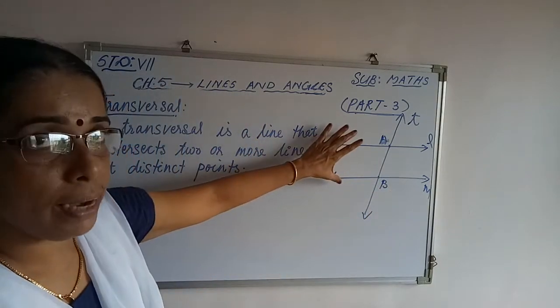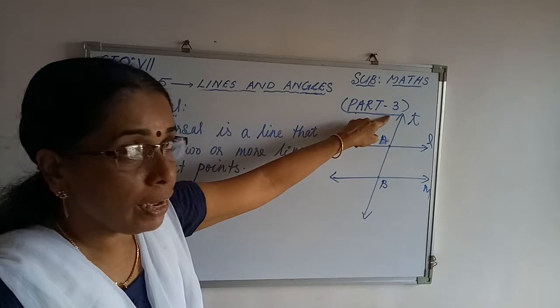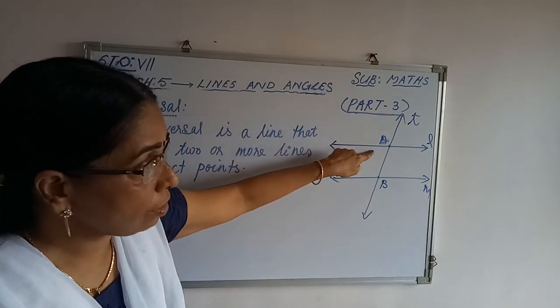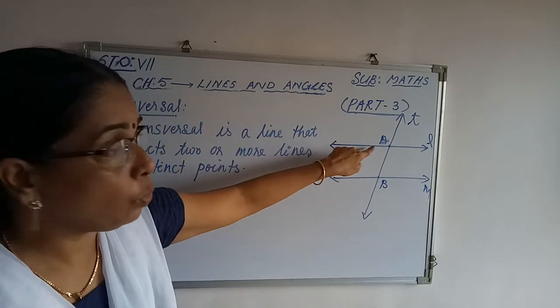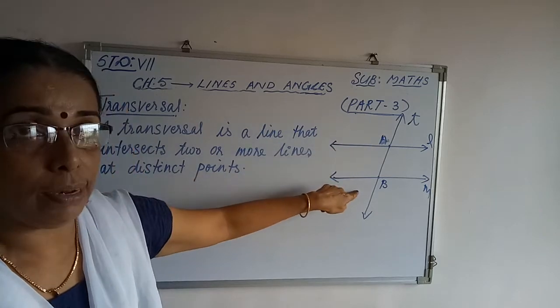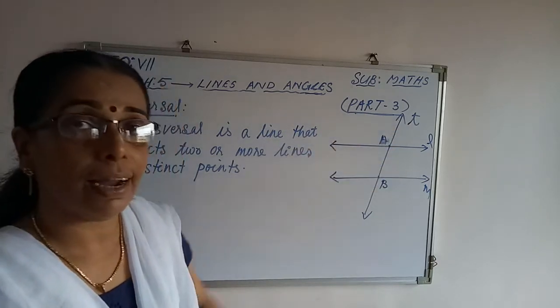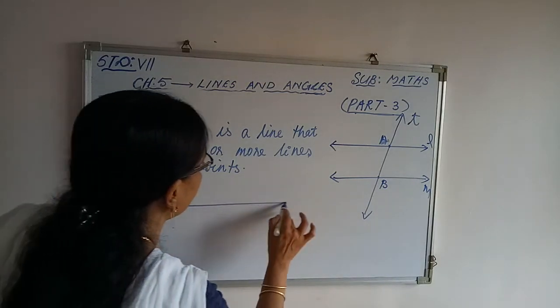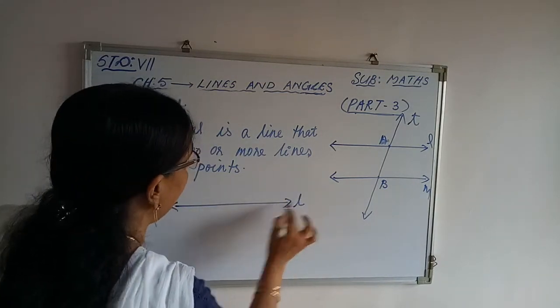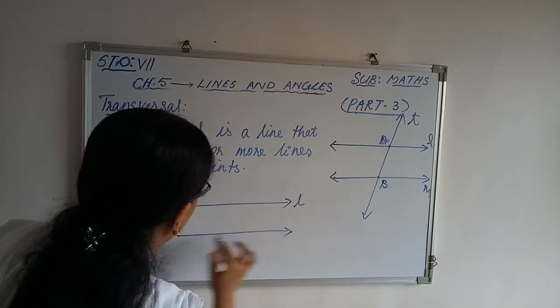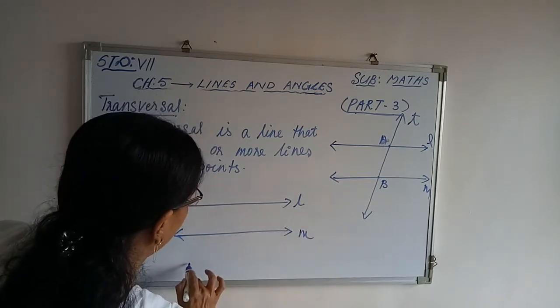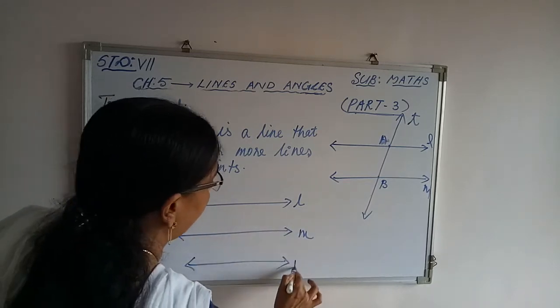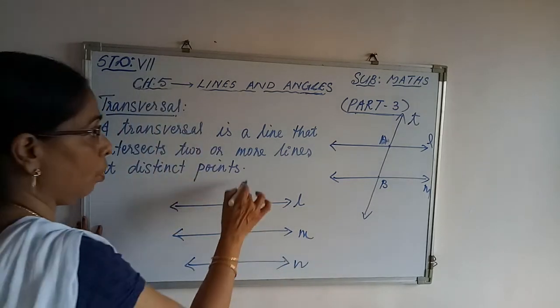So here there are two lines. The third line, that is T, cuts the lines L and M at two different or distinct points. So we call this T the transversal. It can be more than two lines. Suppose one line L, another line M, then another line N. Three lines I have drawn.